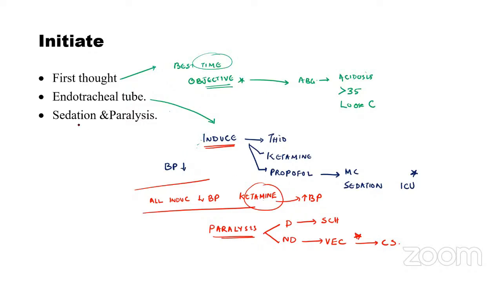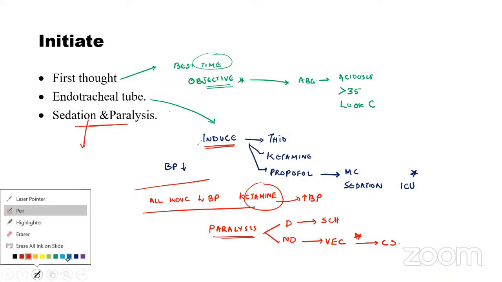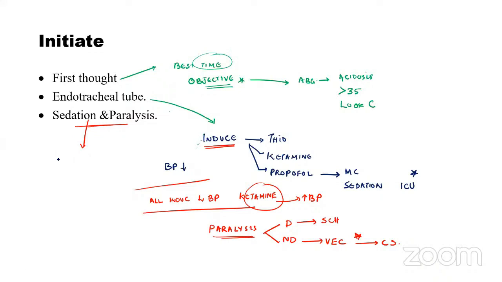Now, any patient on ventilator needs to be sedated. There are various agents which are used for sedation. The most commonly used, I already told you, is propofol. Second is benzodiazepines.